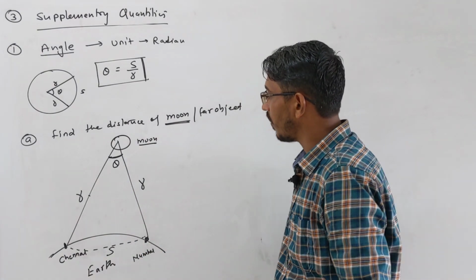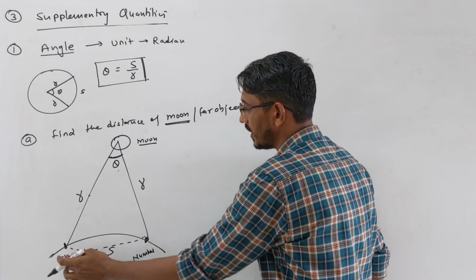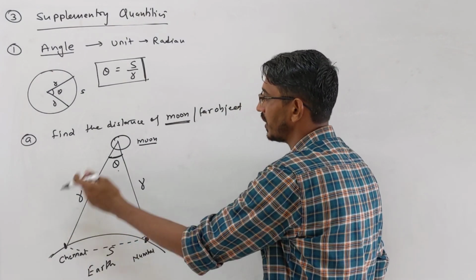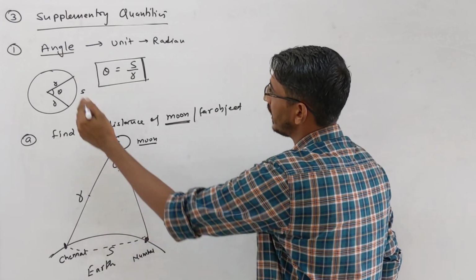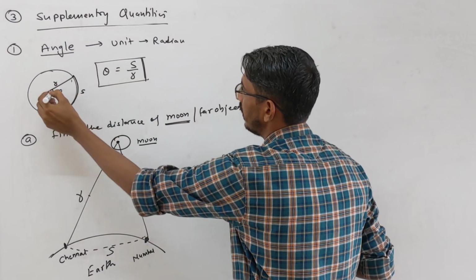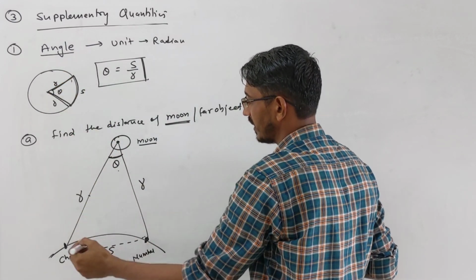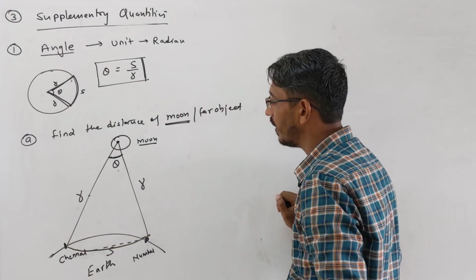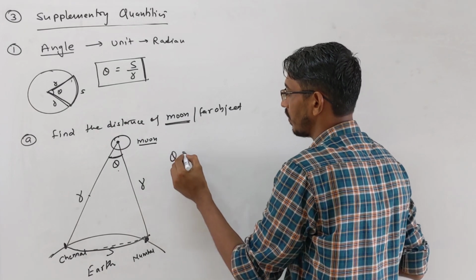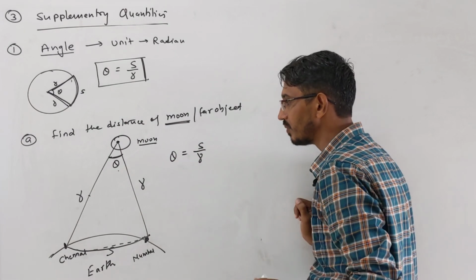Okay, so now what do we know? We know this angle, we know the distance between the 2 places from where you are watching that far object. This thing is unknown. If you see this small triangle we have made here, this is a triangle, right? This is the distance between 2 cities. Same formula right here, theta is equal to s by r.